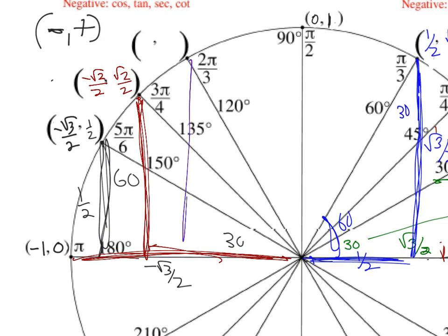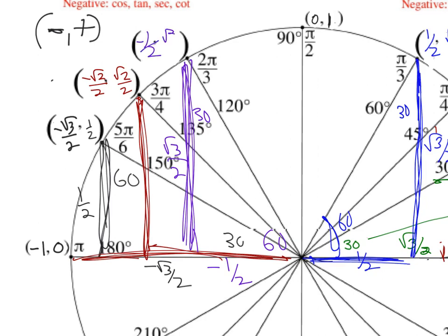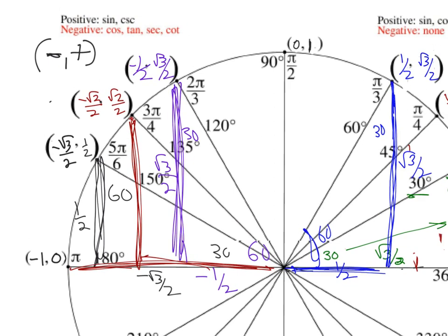So then here, that 60-degree angle, that makes this 1/2, this square root of 3 over 2, actually negative 1/2. So it's going to be negative 1/2, positive square root of 3 over 2.